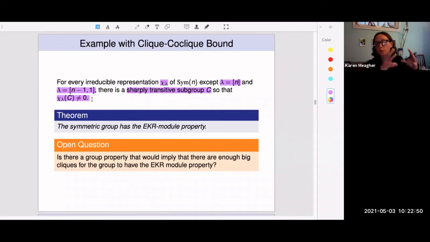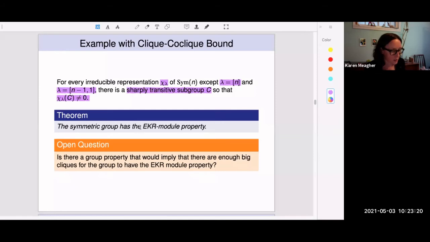So the symmetric group has so many cliques, we can grab these cliques and project them down to the different modules, and for every module but the trivial and the (n-1) module, we're going to be able to find a subgroup so the projection is not 0. And because the cliques and co-cliques can't share modules, that forces every maximum co-clique to sit in the trivial module and this module.